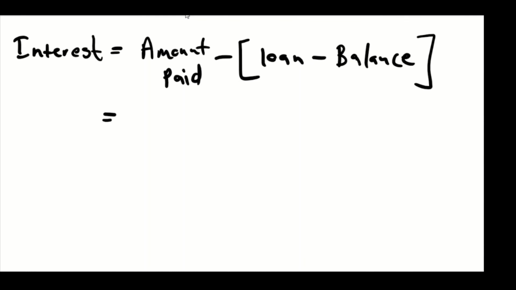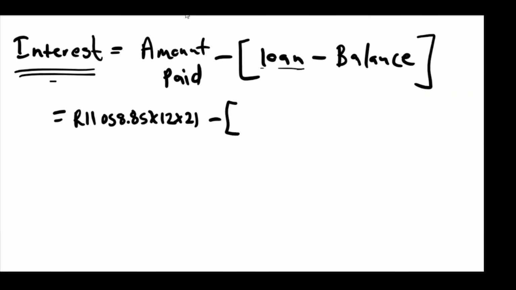So the interest here is equal to the amount paid minus the loan. The amount paid is 11,058 rand 0.85 times 12 months times 21 years, minus the loan, 1,050,000, right?